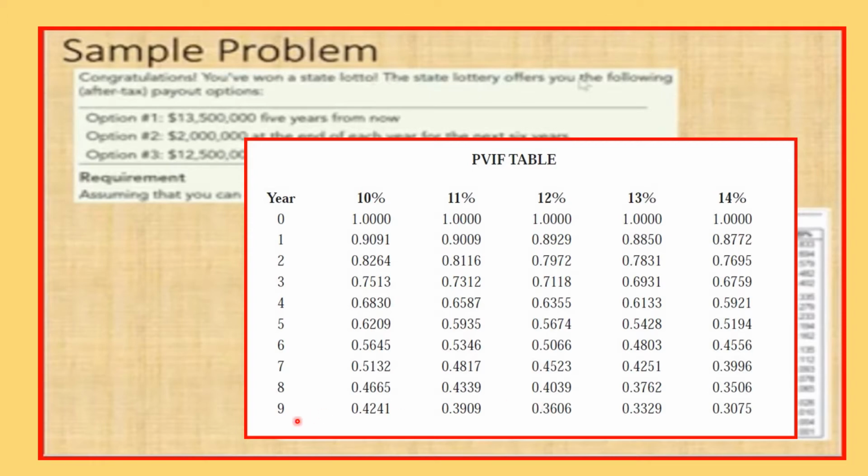It can go down to more than 9 years, 10 years, 11 years, 100 years, whatever. So this is what the PVIF table looks like. For the sample problem that we are going to use here, we wouldn't be able to use the table, but all the figures, I will show you on the side here that you need to work with, so you don't need to read the table.